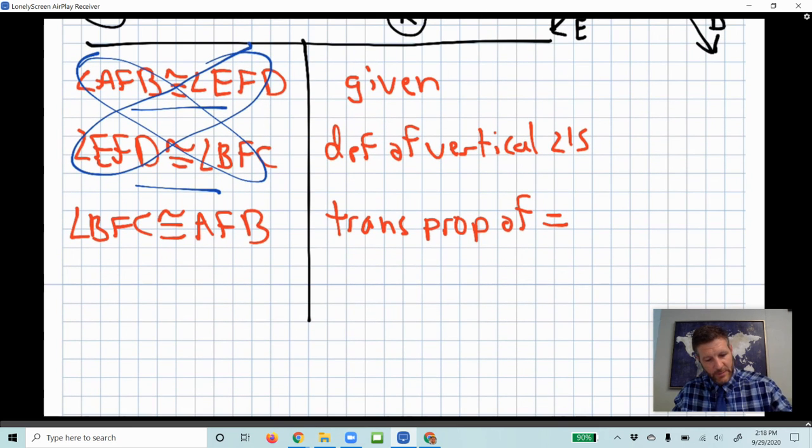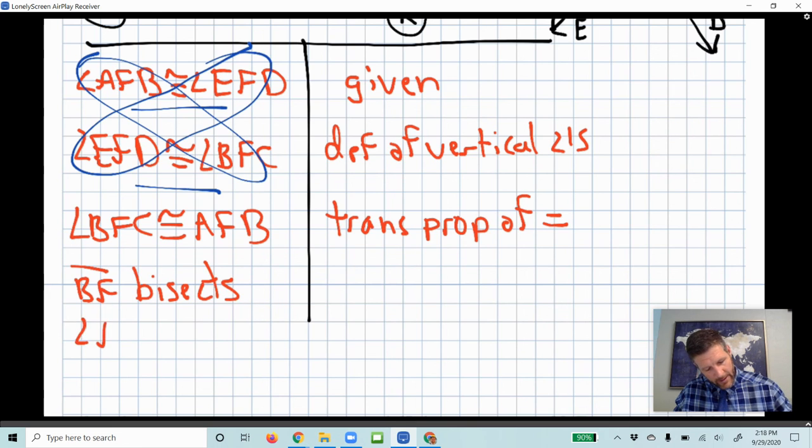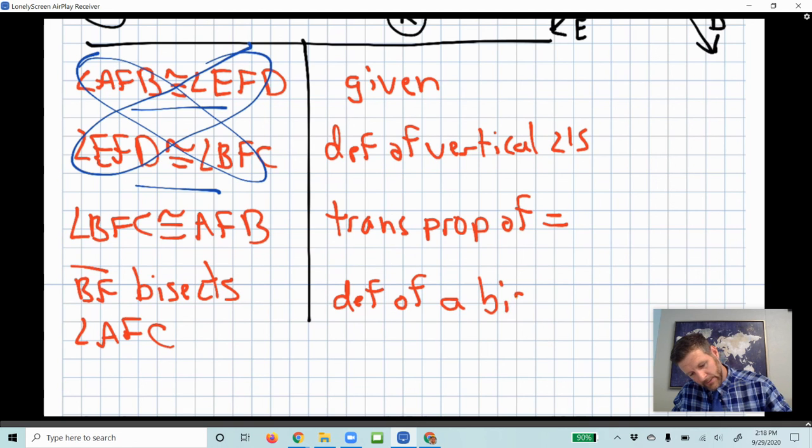And so then that allows me to say, therefore, ray BF bisects angle AFC, because that's the definition of a bisector.